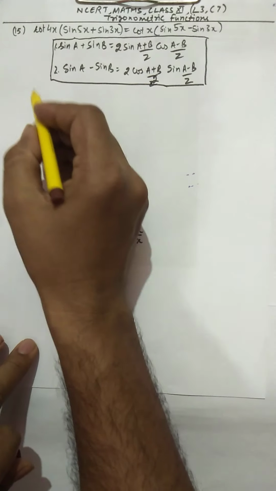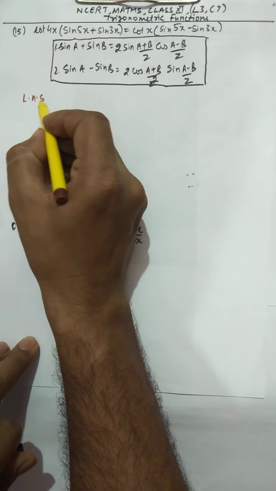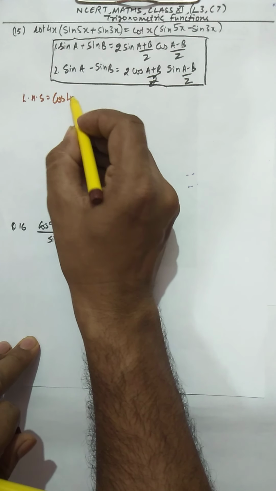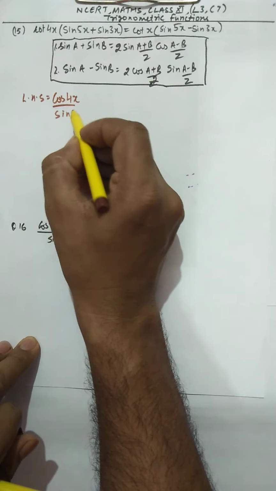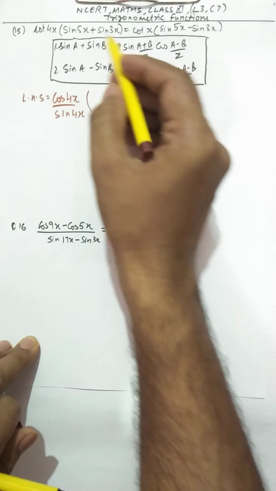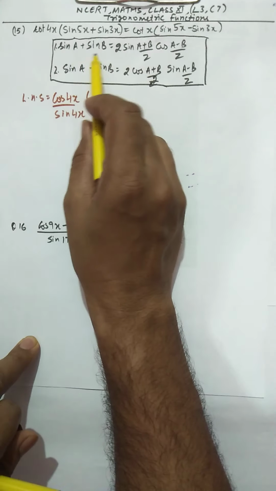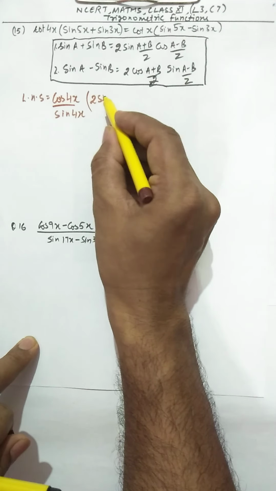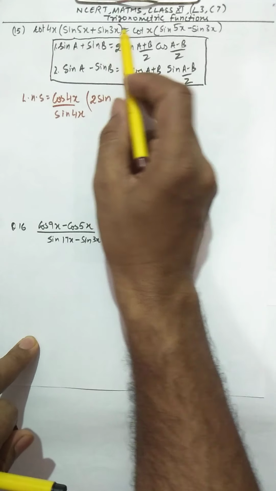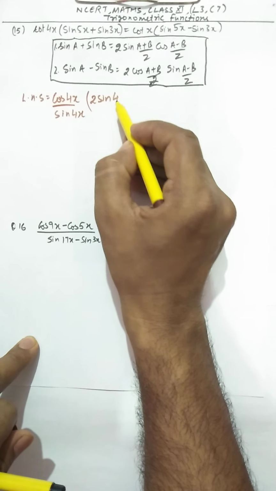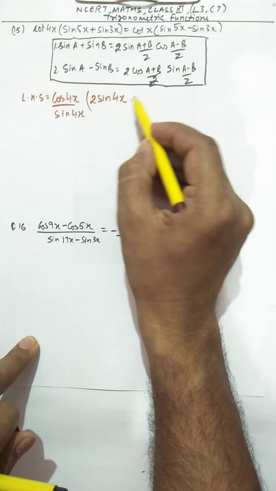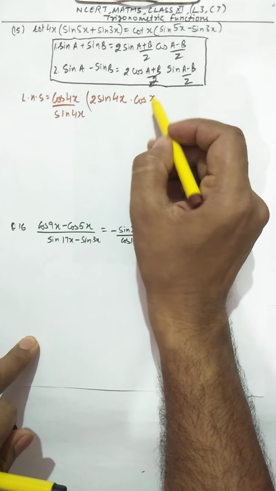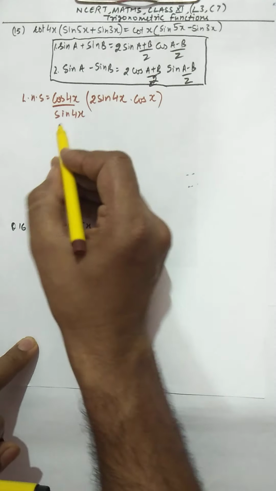So we will be solving LHS first. LHS is cot 4x, which can be written as cos 4x upon sin 4x, times (sin 5x + sin 3x). We apply the identity for sin A plus sin B. So this is going to be 2 sin((A+B)/2), meaning 5x plus 3x is 8x, 8x divided by 2 is 4x, times cos((5x−3x)/2), 2x divided by 2 is x.